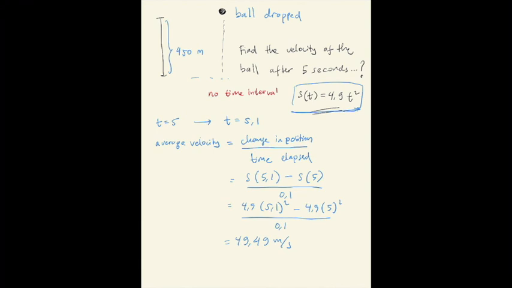But is it true that after 5 seconds, this is the velocity? We need to try a different interval, because the question asks for exactly 5 seconds. So we need to get closer to 5. Before we already did this one, 49.49.